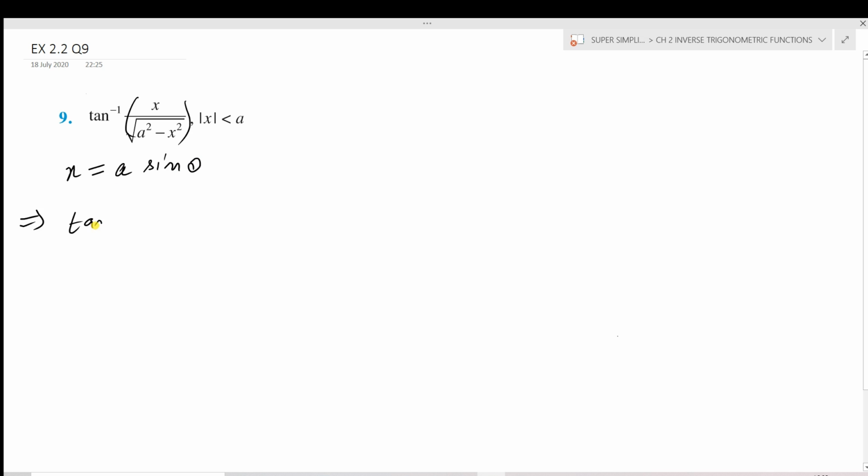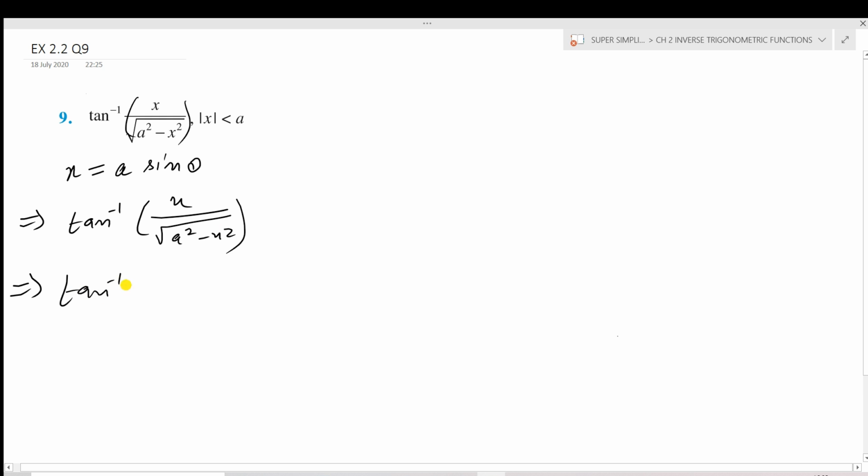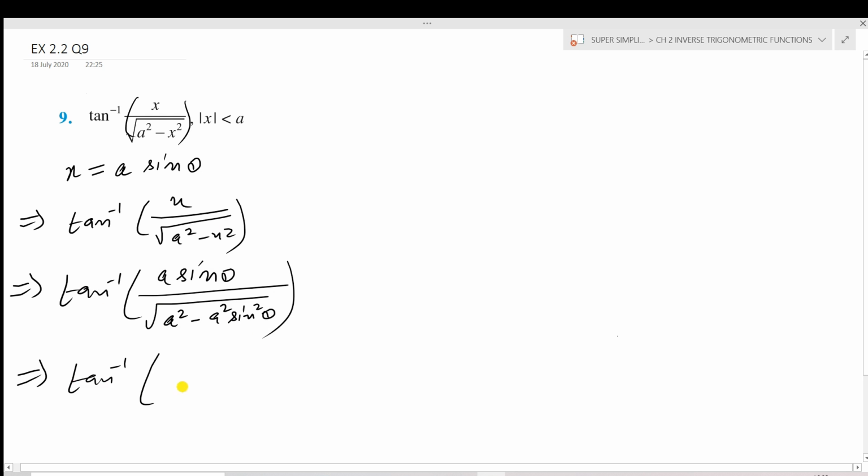Then the expression which is given to you, tan inverse of x upon root of a square minus x square, becomes tan inverse of a sin theta divided by square root of a square minus a square sin square theta. Now, as you know, from the denominator I can take a square common, and it will be 1 minus sin square theta.